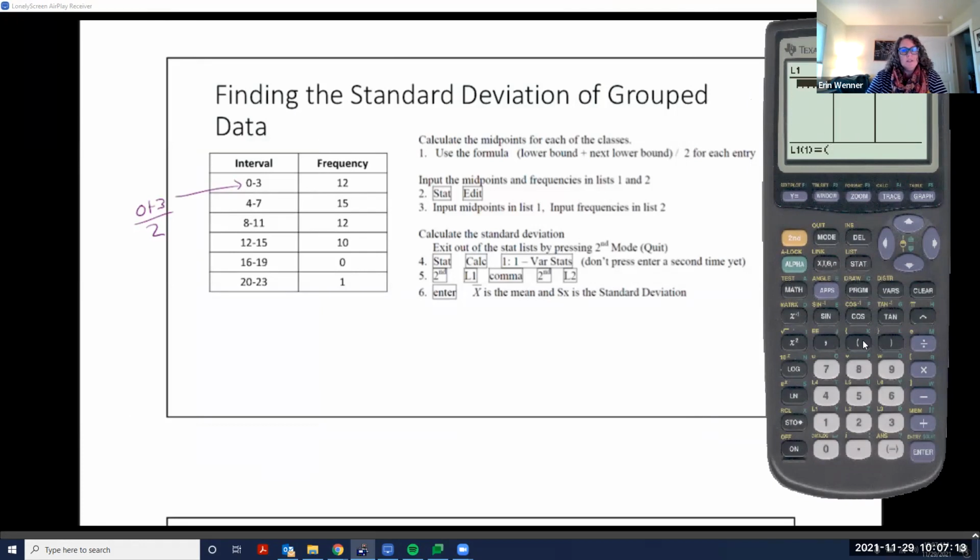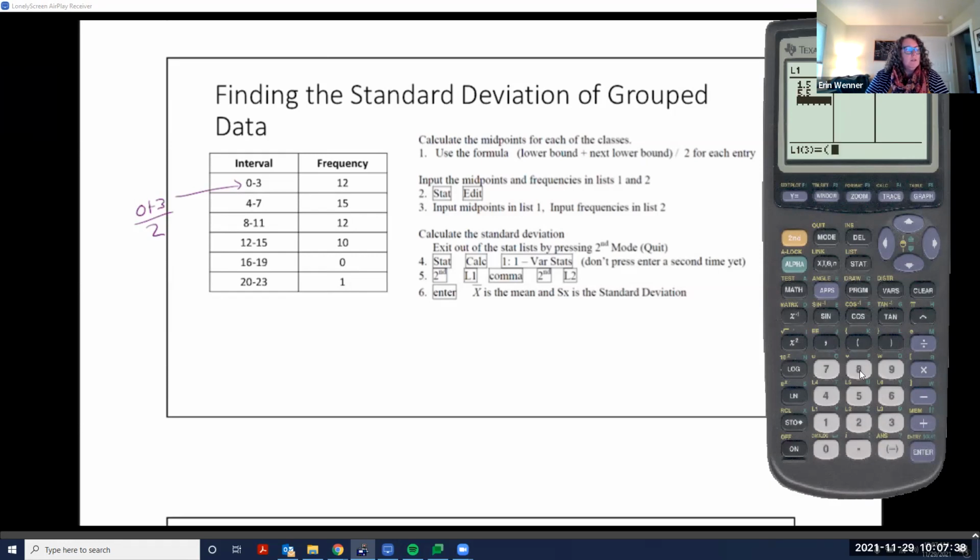I'm going to do in parentheses 0 plus 3, and then divide by 2. When I press enter, it will find the midpoint for me. My next one is going to be 4 plus 7 divided by 2, which gives me a midpoint of 5.5.